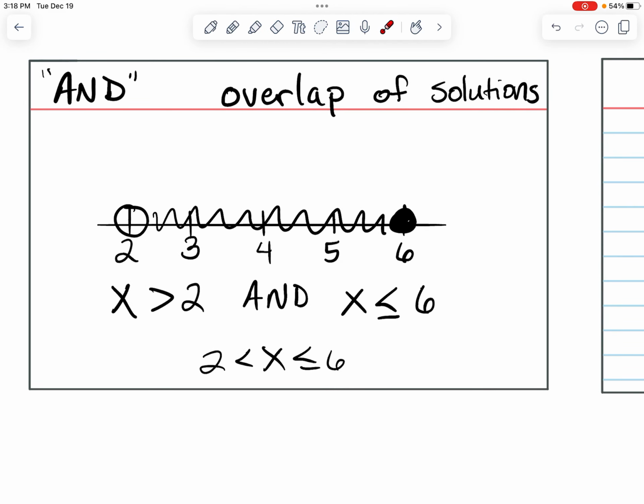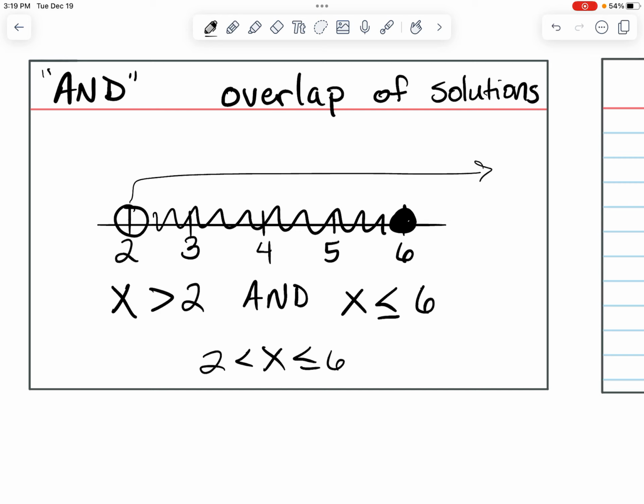Okay? And we're going to have an overlap between our inequality symbols. So we have x is greater than 2 and x is less than or equal to 6. This could also be combined, as we see here, with 2 less than x less than or equal to 6. So we are only concerned with the overlap that is in the middle of these.